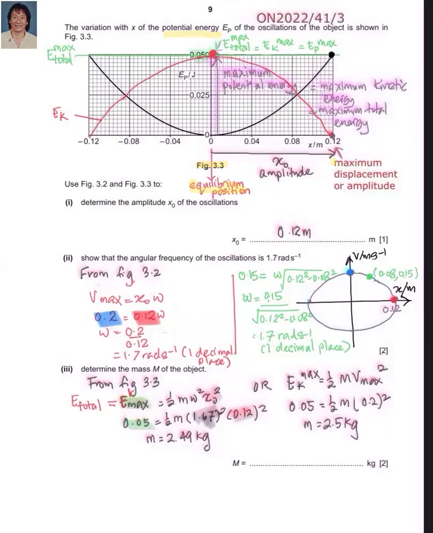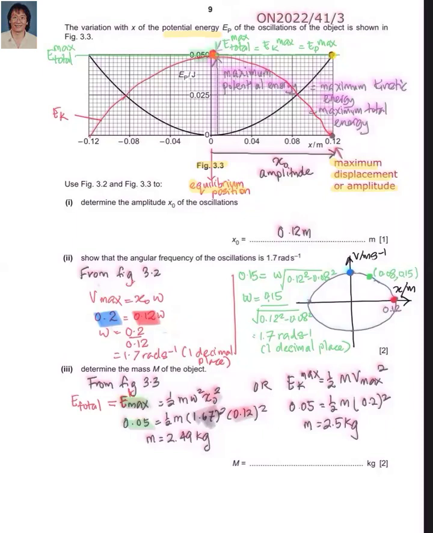From this graph, we can get two things. The maximum displacement is 0.12 meter, and also the maximum potential energy from this point, which is 0.05 joule in the question. And then the maximum kinetic energy is this point here, the red point.